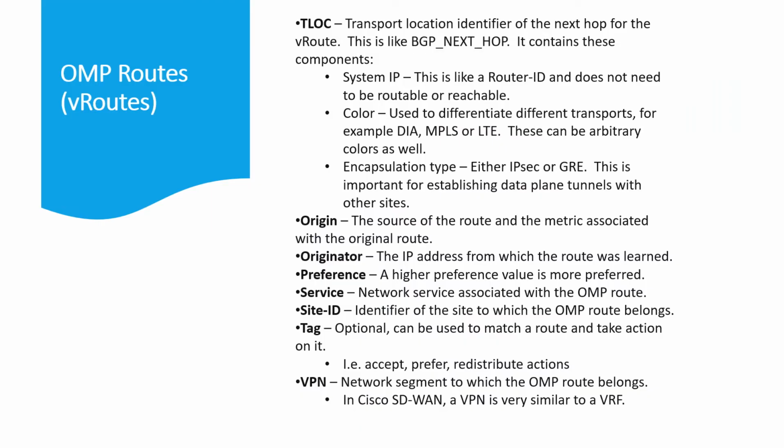After building the TLOC route table, there's a second update which we call the OMP routes, or vRoutes. Those are the routes learned from the service VPN, and they have some attributes as well. The first attributes are TLOC, origin, originator, preference, service, site ID, tag, and the VPN.